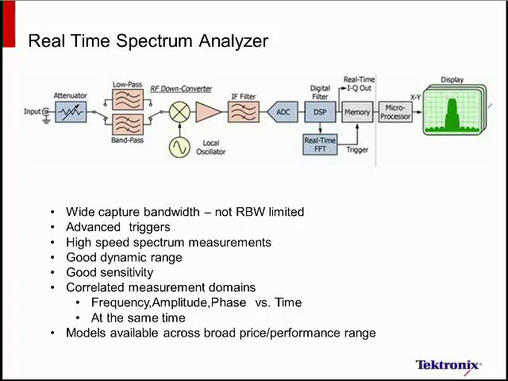I can look at frequency, amplitude, and phase versus time in a very, very correlated manner, meaning if I put a marker in one domain, it automatically tracks in another one. Now, from an EMI scanning perspective, that's not helpful, but from an EMI diagnostic perspective, it's very helpful.